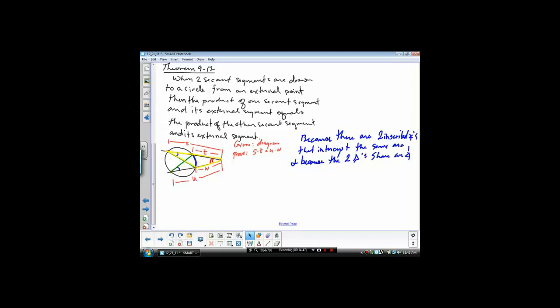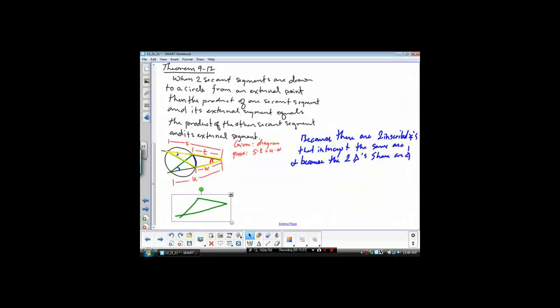And the other triangle is this triangle here, if I can draw a nice straight line. That triangle there. Okay? Those two triangles have an inscribed angle.